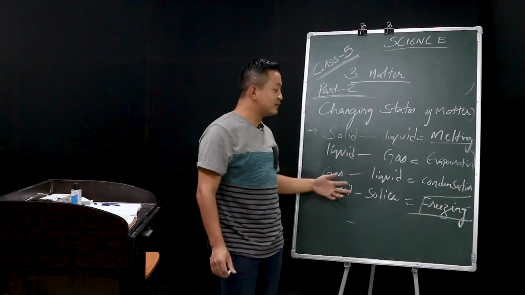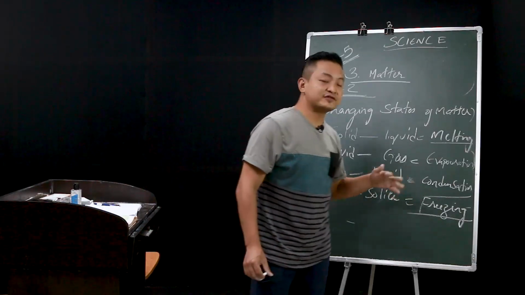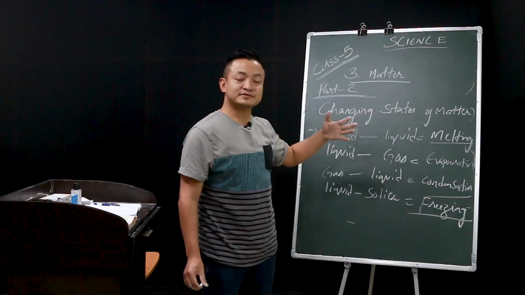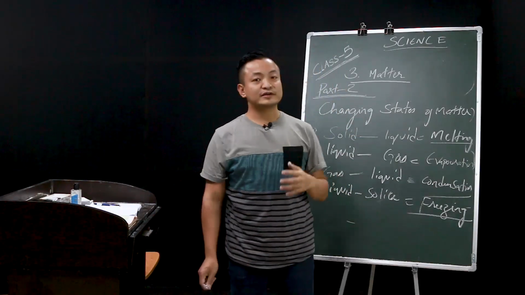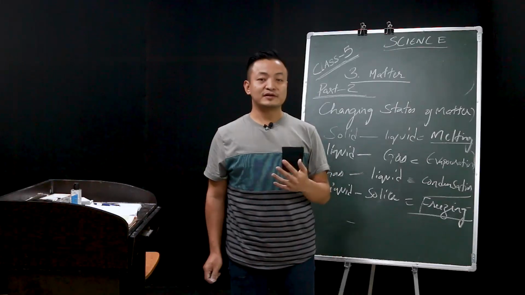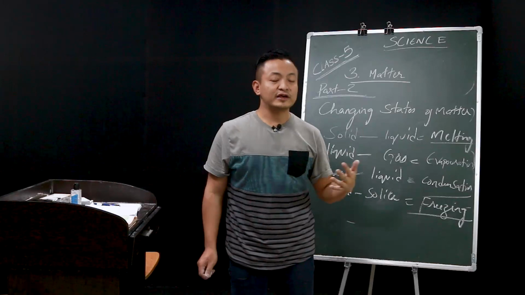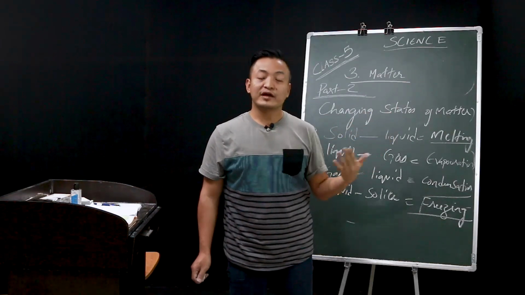Now from liquid back to solid, where there will be a withdrawal of heat, it is freezing. Clear? So you have to remember these terms. Next topic would be physical change and chemical change. That is a very important topic which you'll study even in your further classes till class 10, till 12 if you take up science.